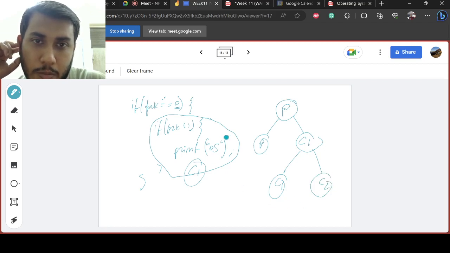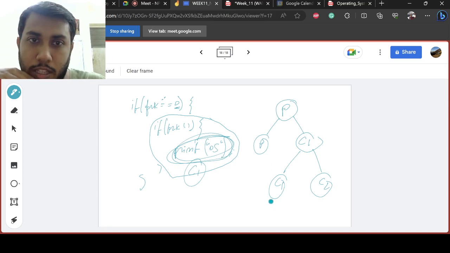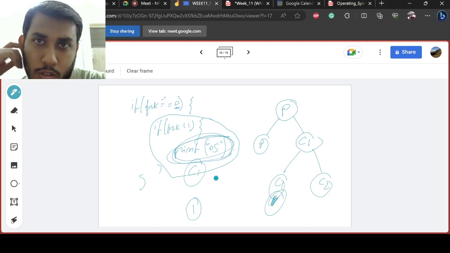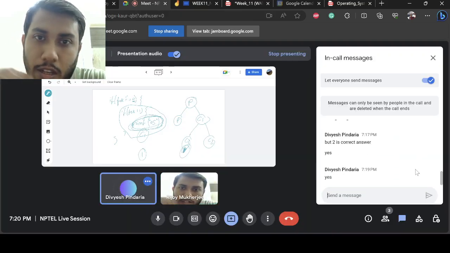And this part will be executed not by the child of C2, not C2, only by C1. Only this will be able to execute it. That means it should be printed one time only. So if you run the code, it will be printed one time only, right?